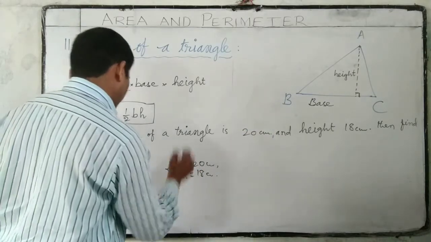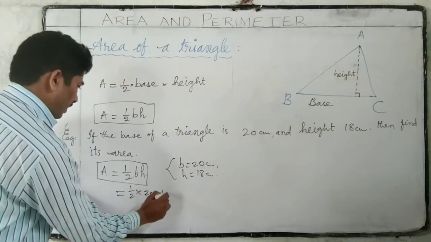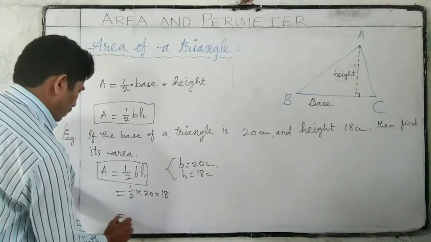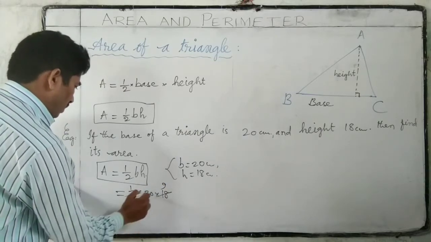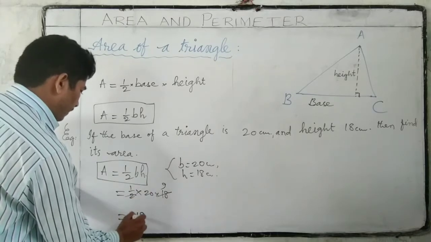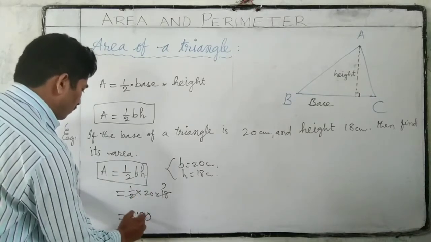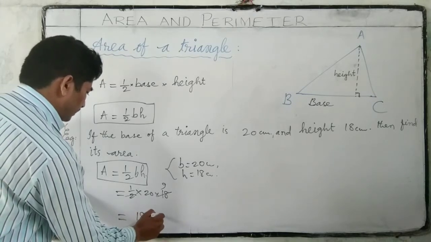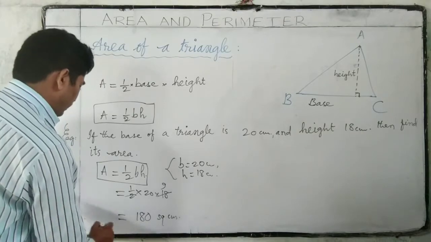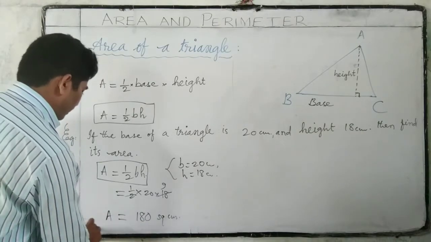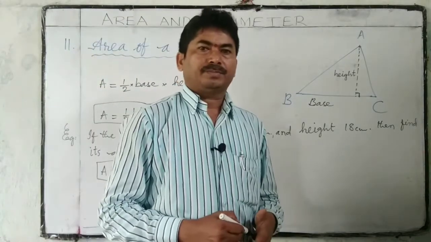So these are given. 20 into 18. 2 ones, 2 nines. 2 nines are 18, 0. 180 square centimeters. This is the area of the triangle with the given measurements.